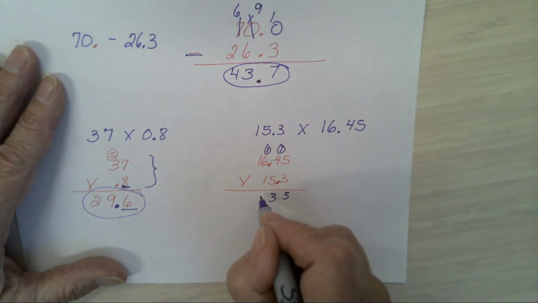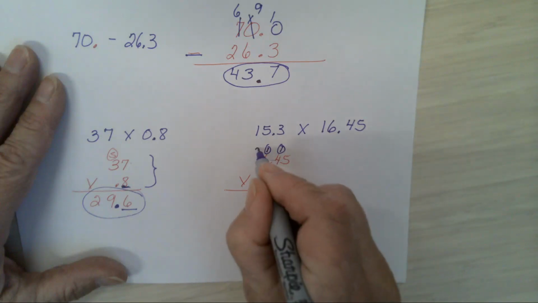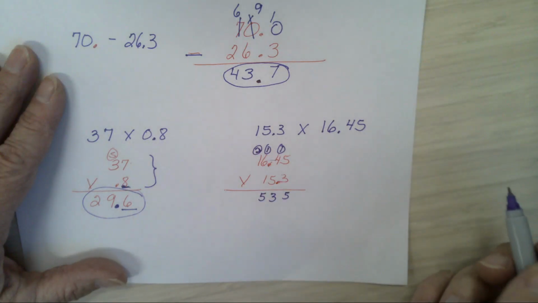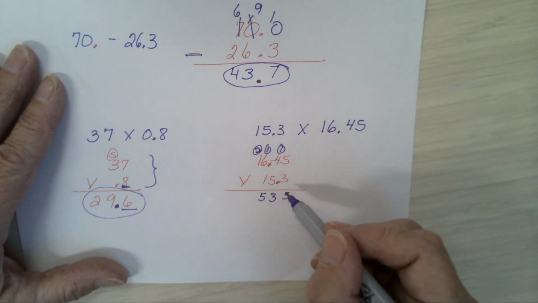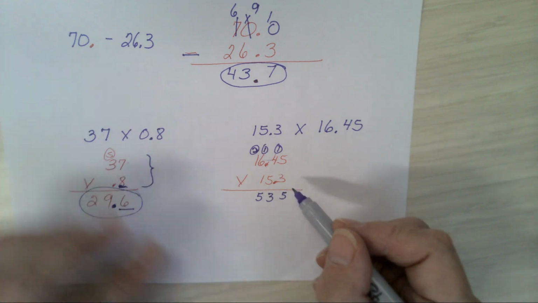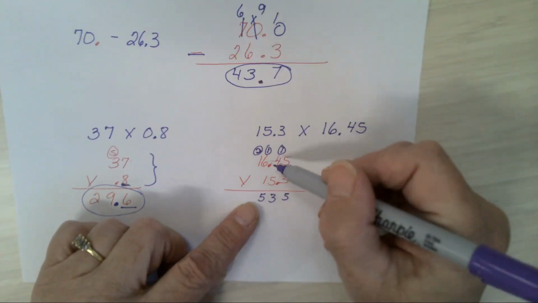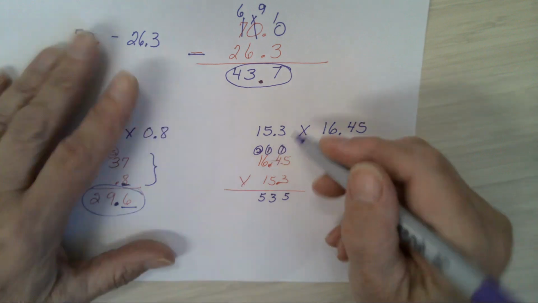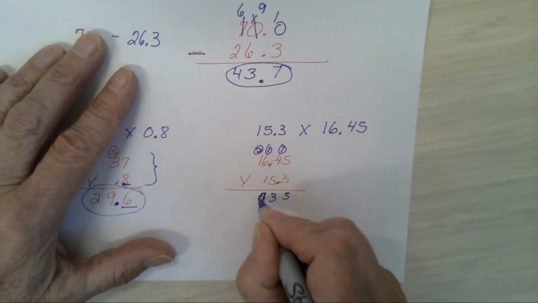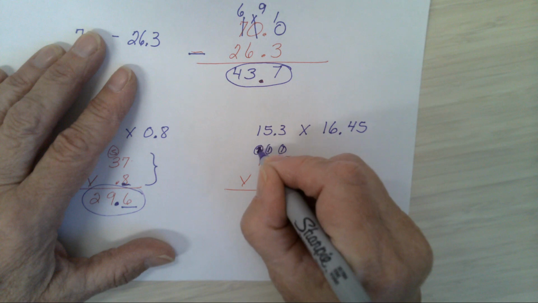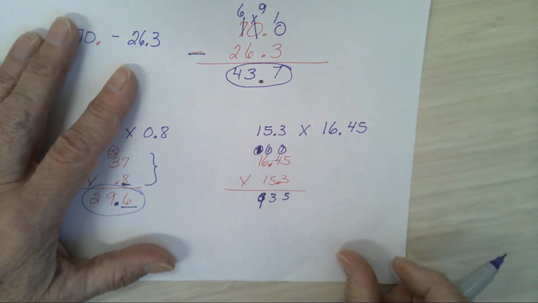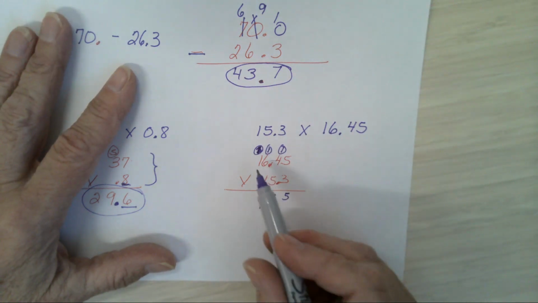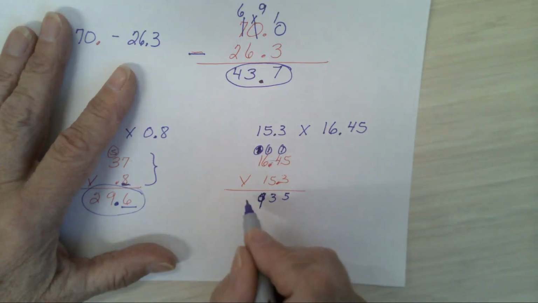Plus 1 is 25. Put down a 5, carry a 2. 3 times, wait, did I mess that up? Yeah. 3 times 6 is 18. Plus 1 is 19. I appreciate you catching my mistake. I realized it when I wrote it down. 3 times 1 is 3. Plus 1 is 4.